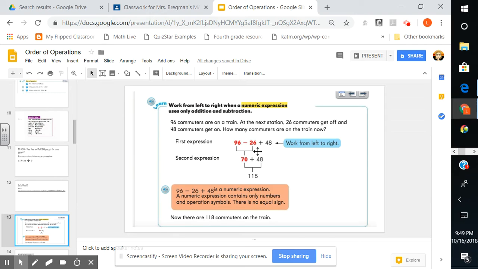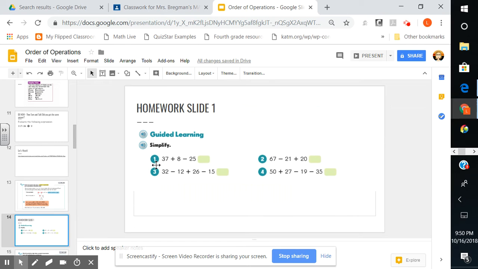Then you put the 70. Always carry down what's next, plus 48. Then you do 70 plus 48, and your final answer is 118. Remember, work from left to right with addition, subtraction. So if subtraction came first, which it did in this problem, you do the subtraction first, then you do the addition. Only write that one example down. You don't have to write all the word problem, just the actual problem.